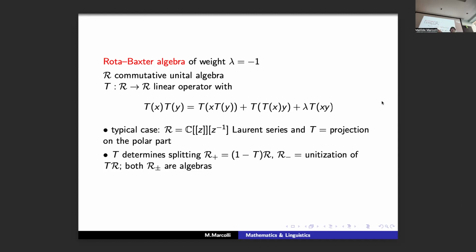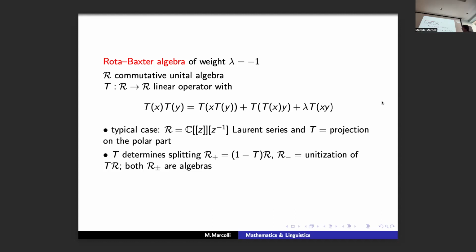So this identity is called a Rota-Baxter algebra of weight -1. In general, a Rota-Baxter algebra of weight lambda has some number lambda there. If lambda is equal to 0, integration by parts is actually a Rota-Baxter operator of weight 0. That's why it looks like integration by parts, because integration is also a Rota-Baxter operator.